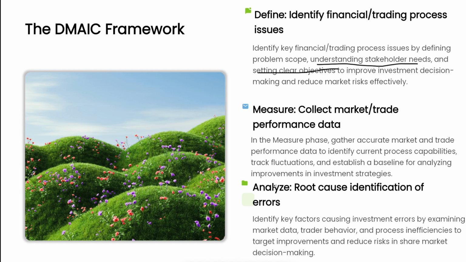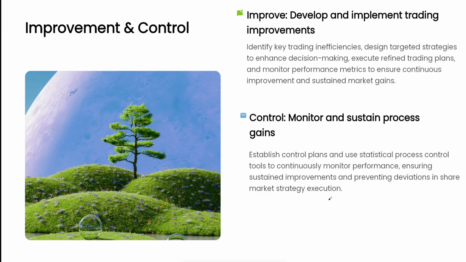In our terminology, the root cause of what went wrong in the share market: was it the timing, the data, our behavior, was it impulse buying or sporadic buying, and did we miss the risk and reward ratio. If we analyze our root cause, then we can come to a conclusion.